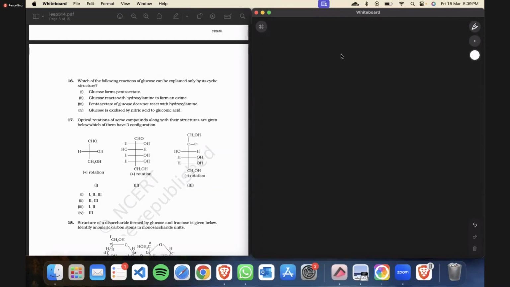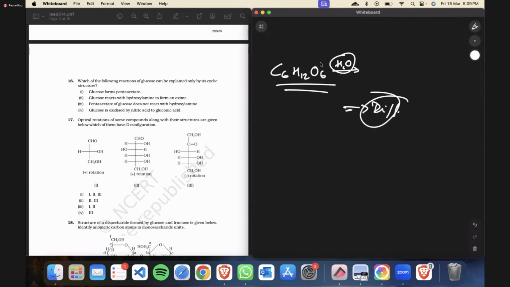See, the question is trying to ask you that this is one way to write it, and then you'll just hydrate it or whatever, and you'll get different things. The other way is you draw the structure, and then you see what bond is taking part, and according to it, you make different structures. So in some reactions, you cannot justify by just writing the formula. You have to show the structure. That is the only way to understand. This is what they're asking.